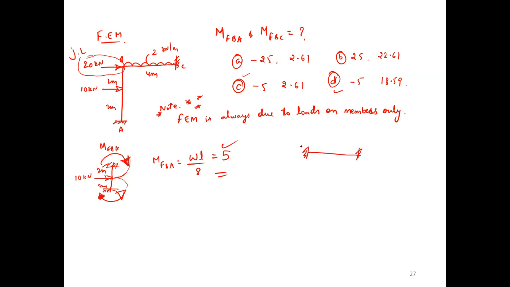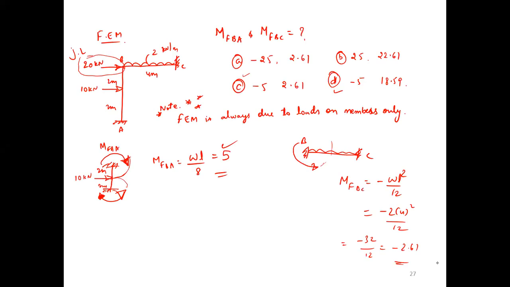Clear? So instead of minus 5, I should have given 5. Also, we made a mistake for the BC member. This is UDL. How is it rotating? Clockwise. What is the resisting moment? Anti-clockwise. So MFBC is minus WL square by 12, so minus 2 into 4 square by 12, minus 32 by 12. How much? Minus 2.61.